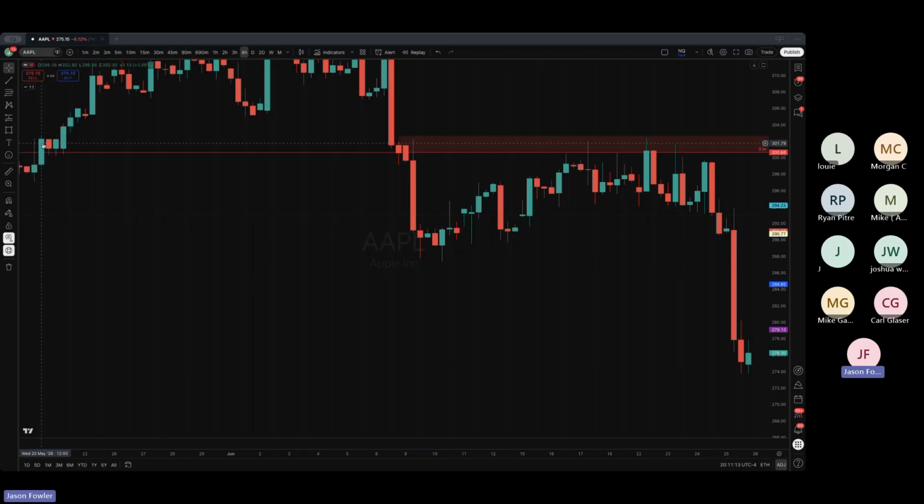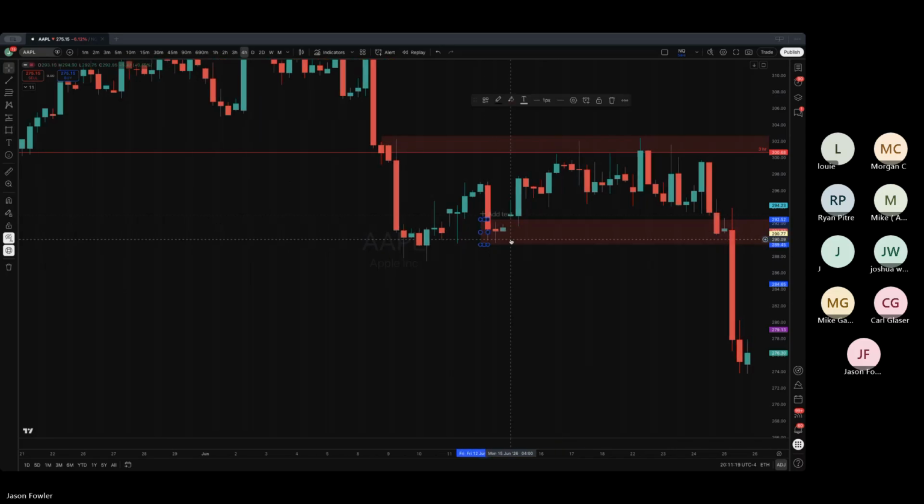My circle thing's not working. It's fine. So this red candle right here, does everyone see that? So this candle here is representing a period of indecision.